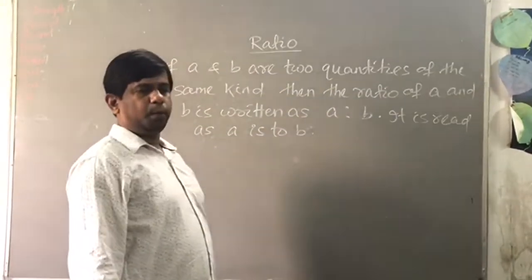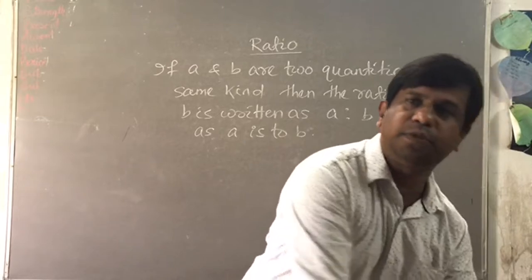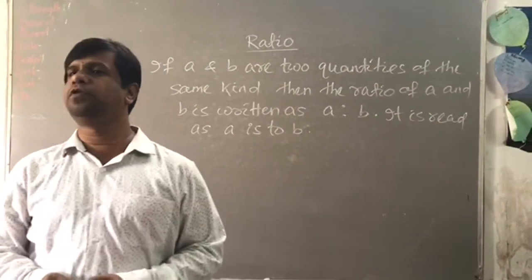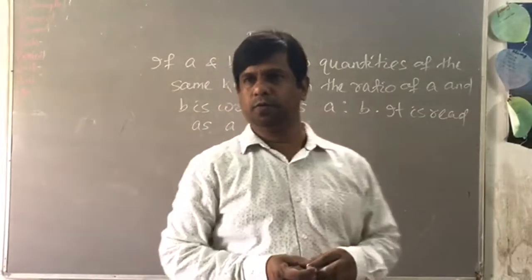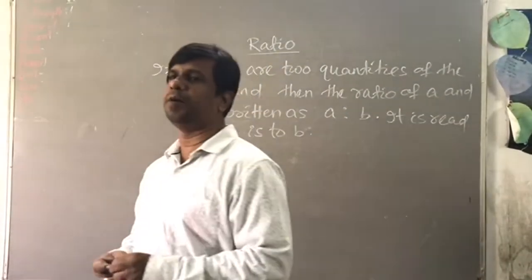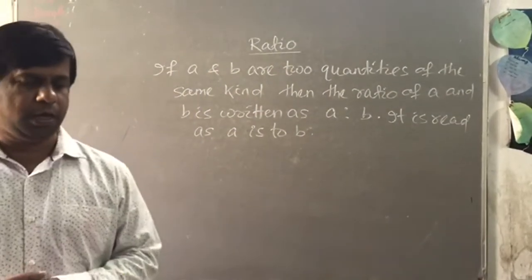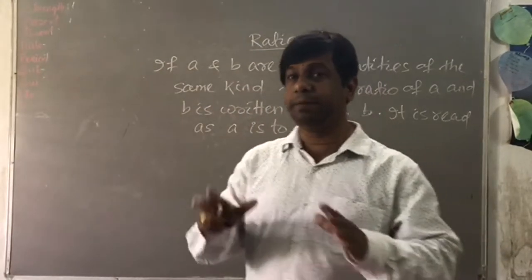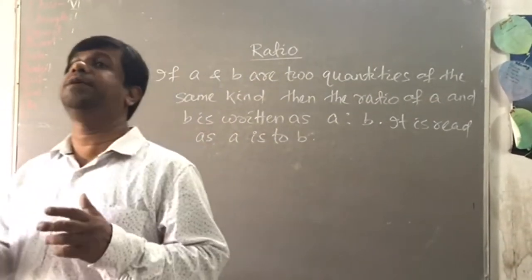Keep in mind, both the quantities should be of the same unit. If they are not in the same unit, then you have to convert into the same unit. Otherwise we cannot compare these two quantities. So quantities should be of the same kind and of the same unit.